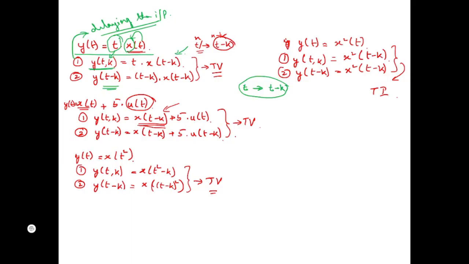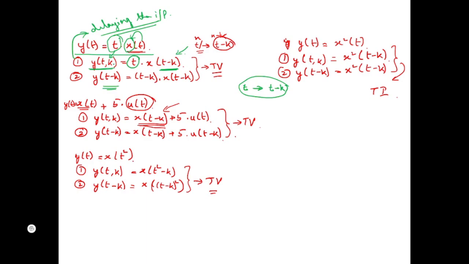So when we delay the signal, the independent component gets delayed, t minus k. On the other hand, this other t is not a part of the input signal.